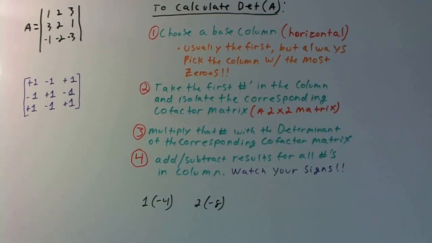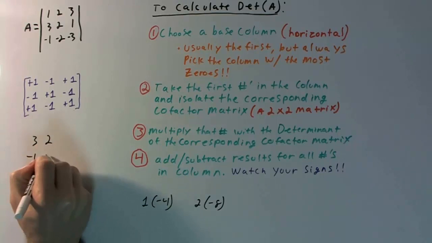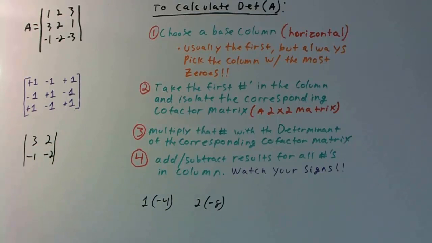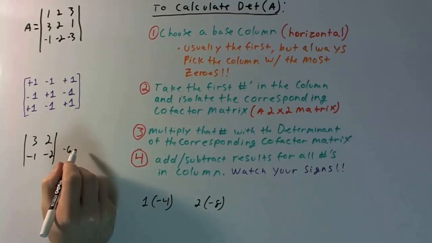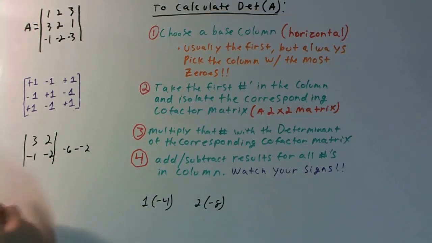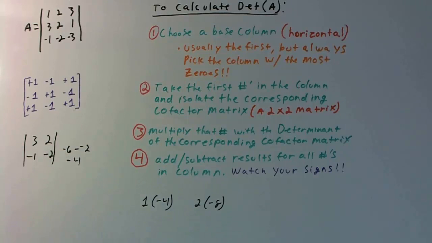Again, realize that 3 is in the first column and the third row. So if we isolate the first column and the third row, we see that the corresponding cofactor matrix for 3 is 3, 2, -1, -2. And so the determinant of this matrix is we have a -6 and we have a minus a -2, so -6 minus a -2 is -4.